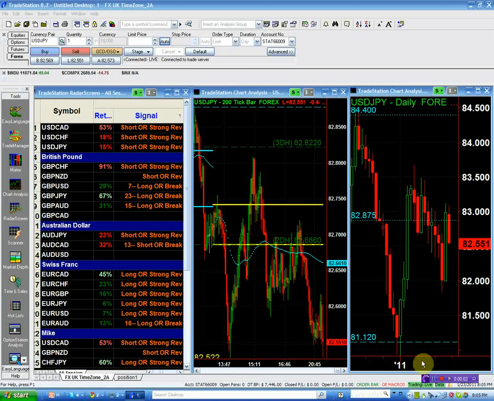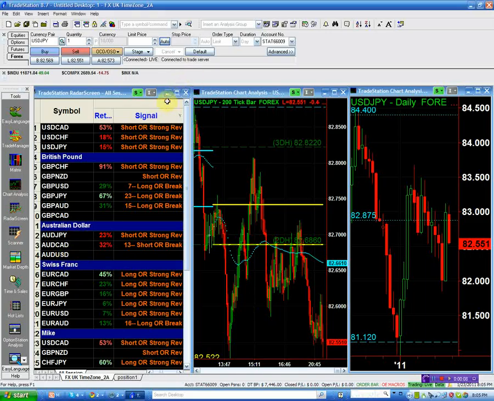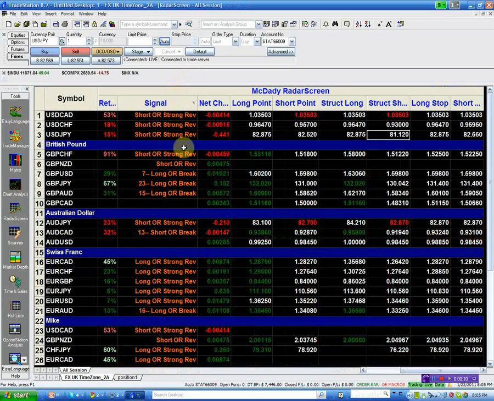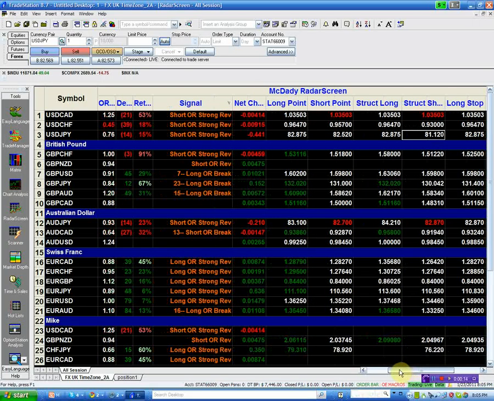Next one, the next candidate that we need to look at is again the Aussie dollar. And just by looking at the radar screen, guys, you can see that, for example, the pound is completely strong against everything, against the dollar, against the yen, against the Aussie.